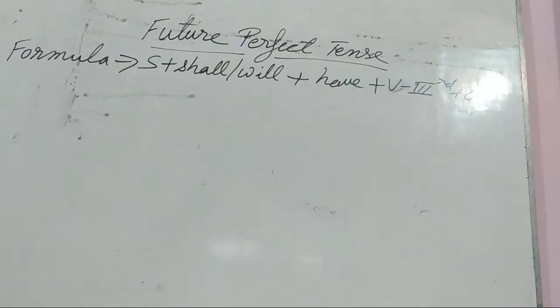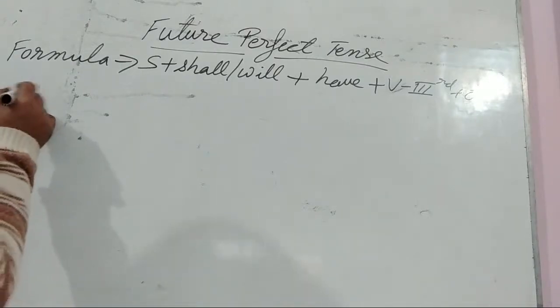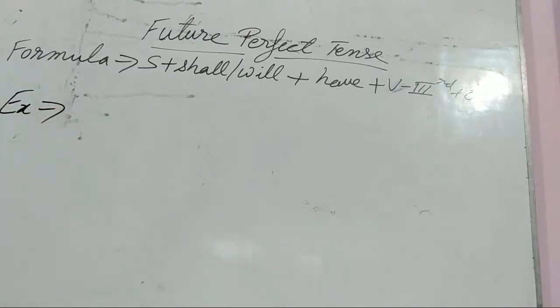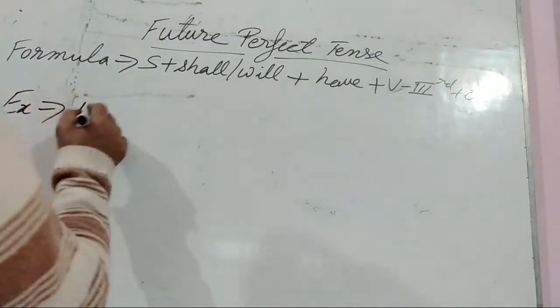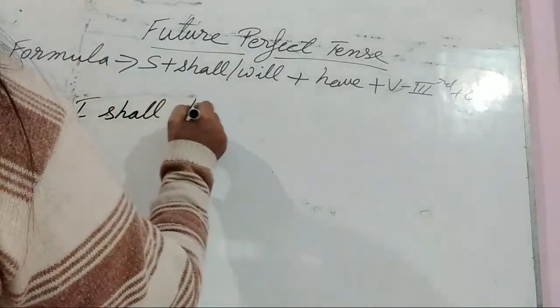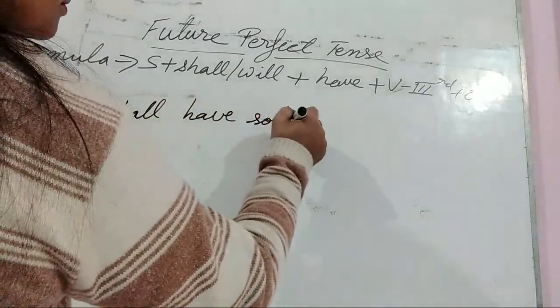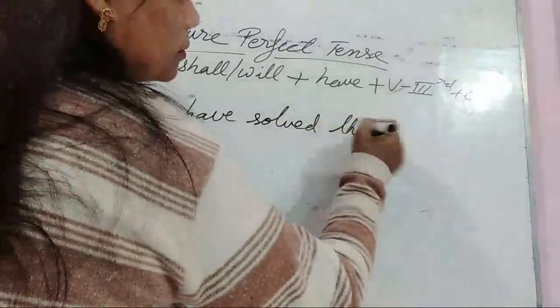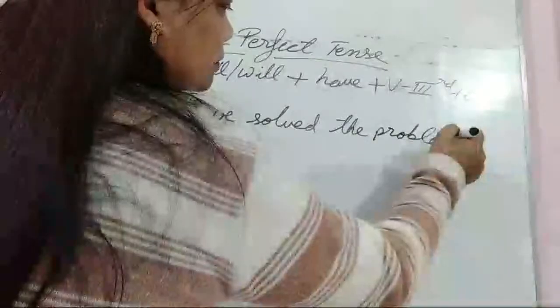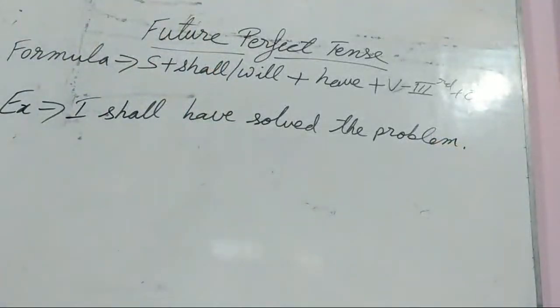subject plus shall or will plus have plus verb third form plus object. Let's see an example related to future perfect tense. The sentence is: I shall have solved the problem.